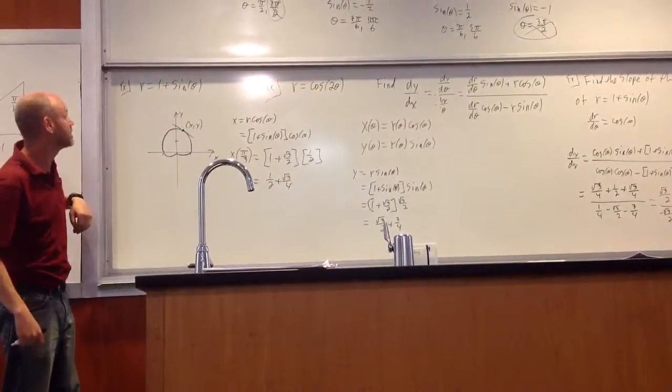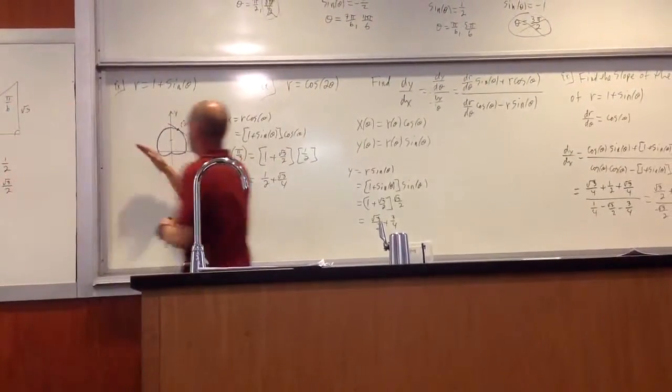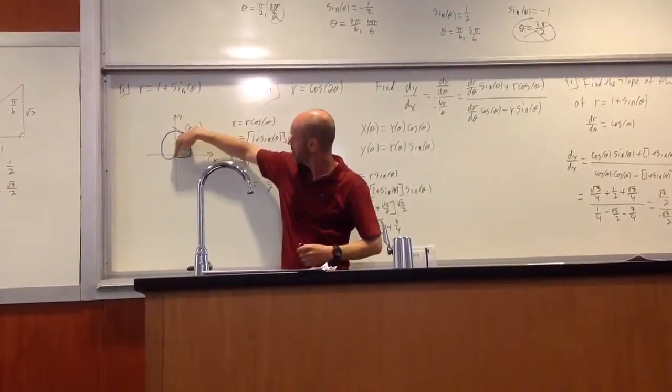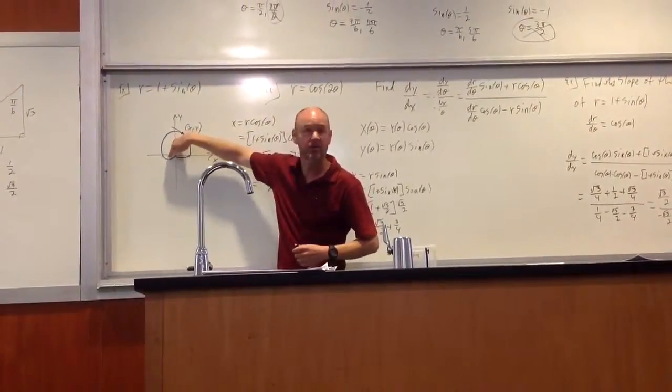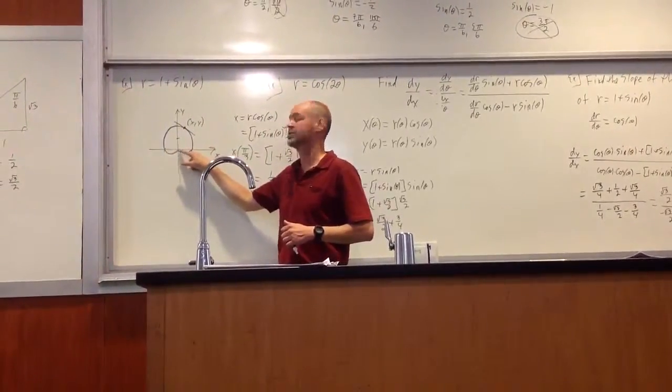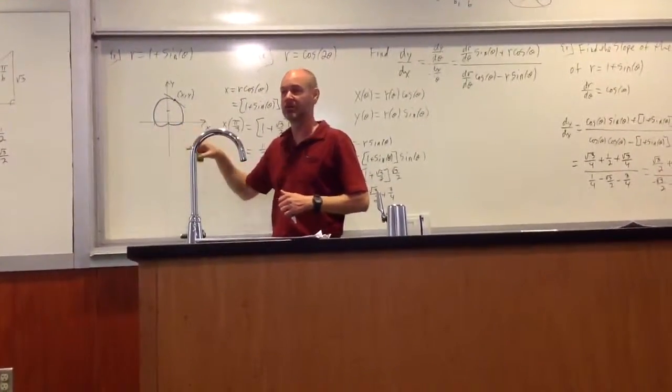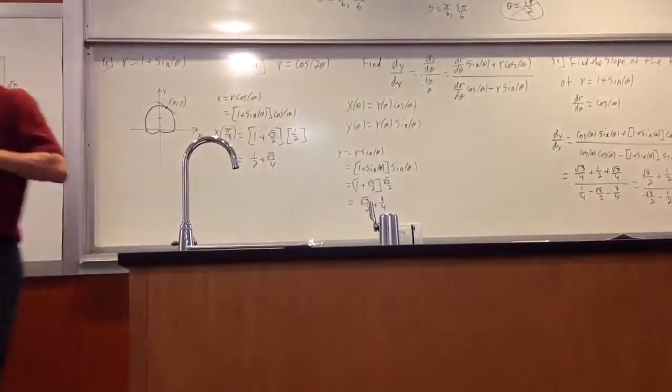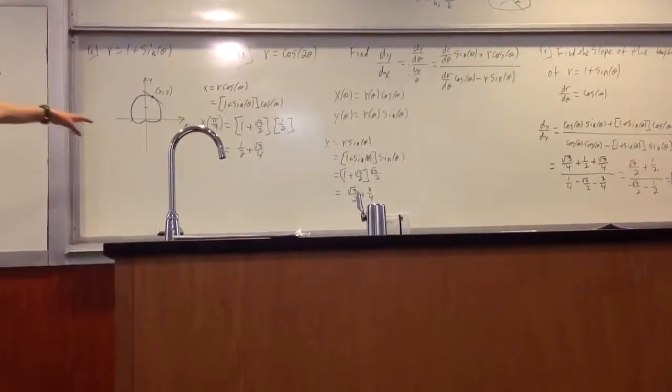Horizontal asymptote at 7 pi over 6. That's there. See the angle there? 7 pi over 6. Also at 11 pi over 6. So it has to match the graph, right? And obviously at 3 pi over 2, something crazy is happening.